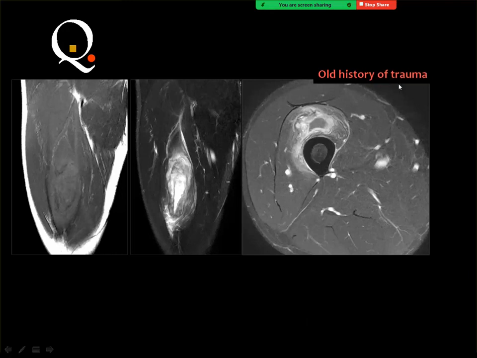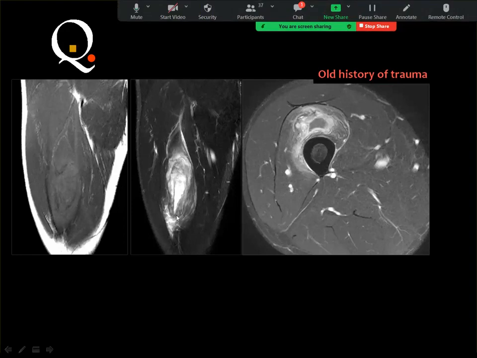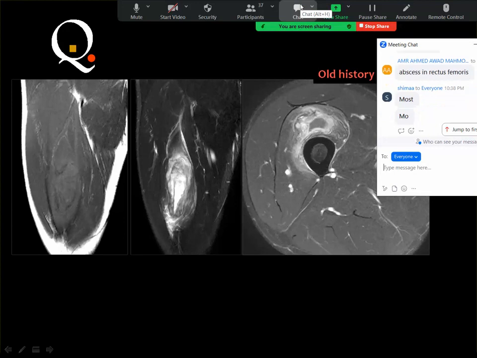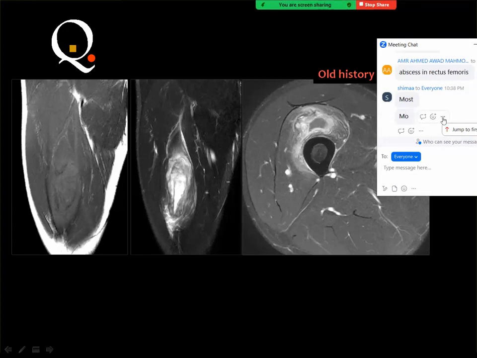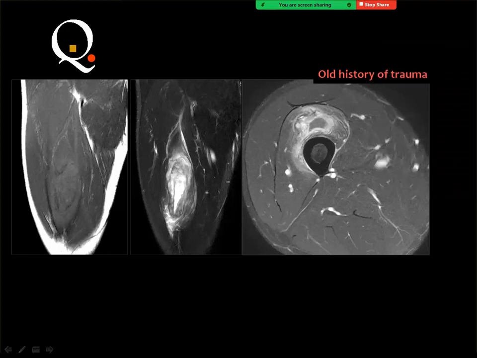This patient had a history of trauma, and you can see a mass in this coronal T1, and this is T2 or STIR, and this is post contrast. Actually, myositis ossificans is the right answer.